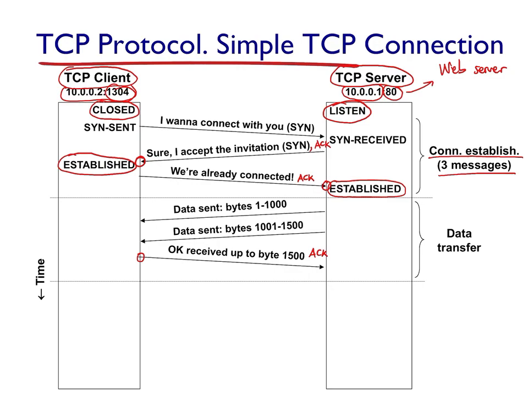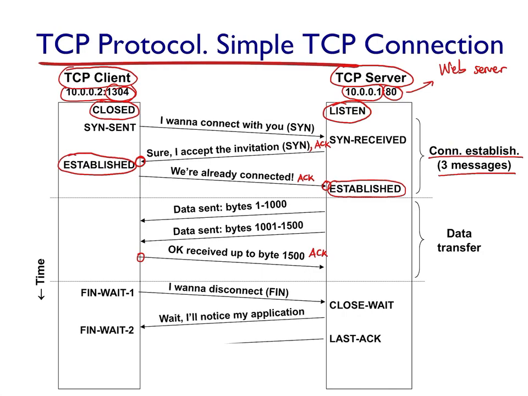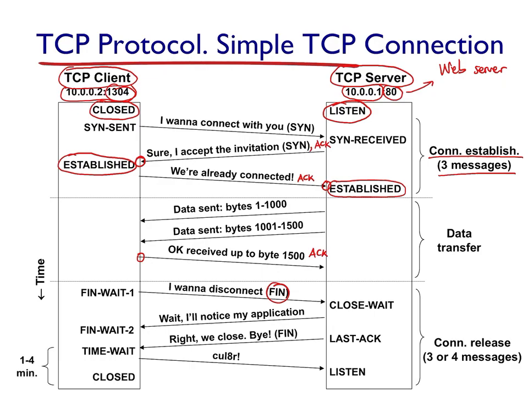After that, we have to release the connection. But who is the one who wants to start the connection release? For example, in this case, the TCP client is the one who wants to disconnect. He sent the FIN, but in this case, we have the other option for messages. Why?